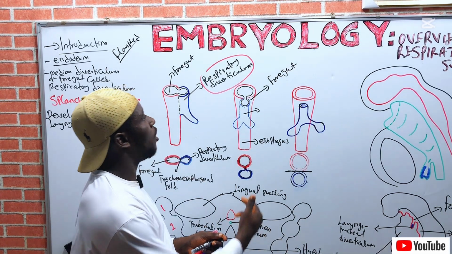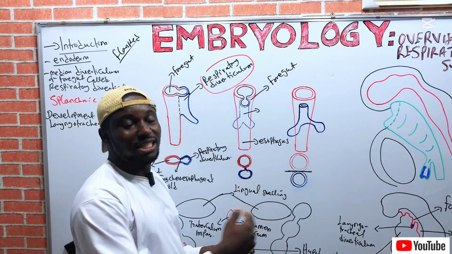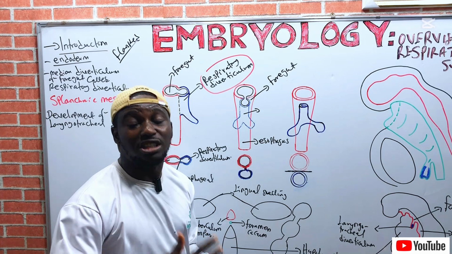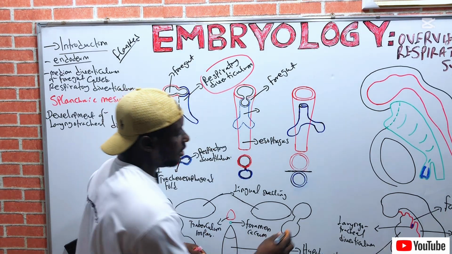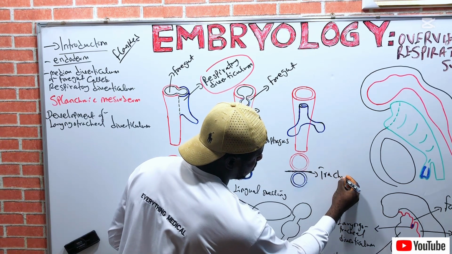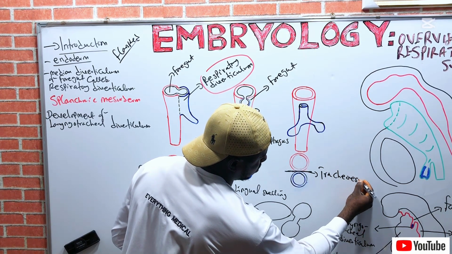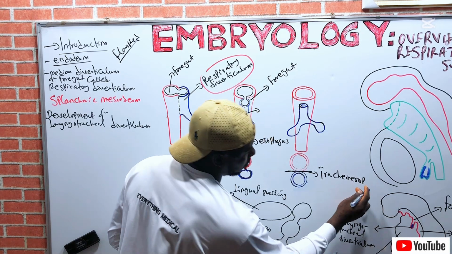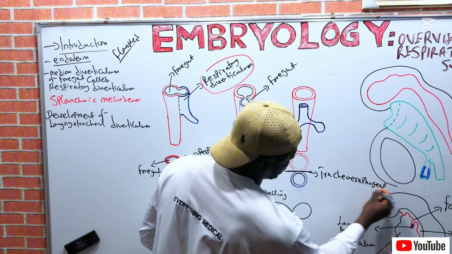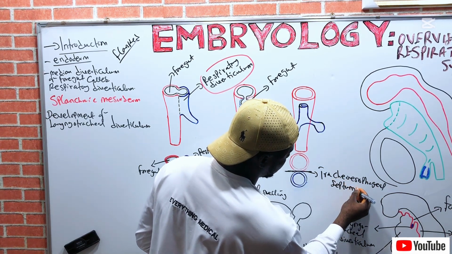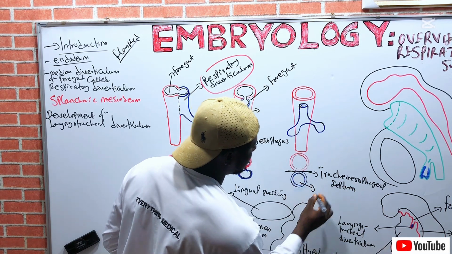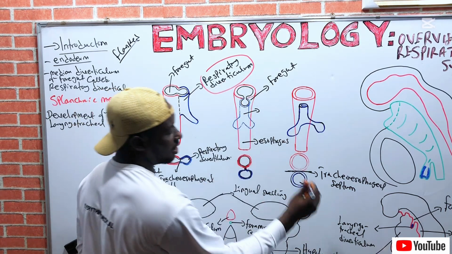That is its distal aspect. The distal aspect of the respiratory diverticulum is separated from the oesophagus by the tracheoesophageal septum. This is the tracheoesophageal septum. This remains the respiratory diverticulum.